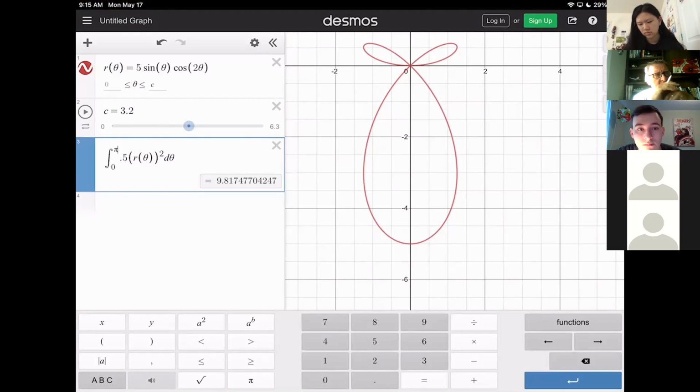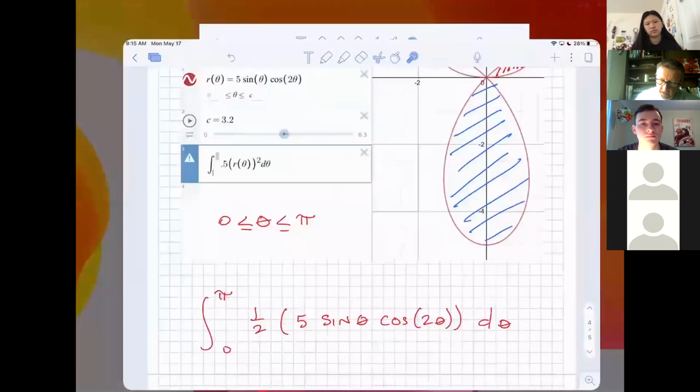But that didn't include the little loop-de-loops on top, and I treated the bottom as though it was a rectangle, not an elliptical looking shape. So actually, I think that's working. I think that's the right answer. I think I found the area and I didn't have to think about it much. Yeah, that looks right. Yeah, I think so too. So great, 9.817, game over.